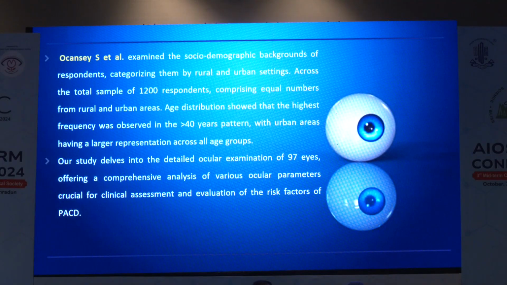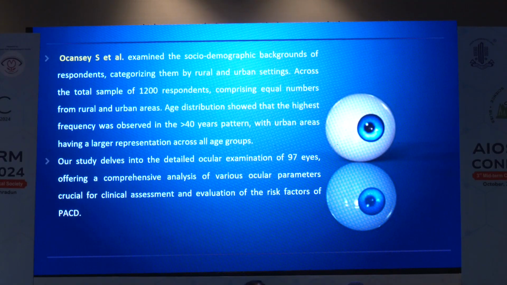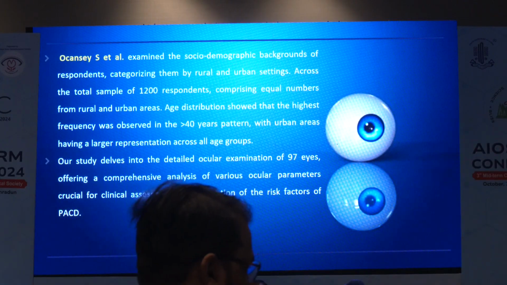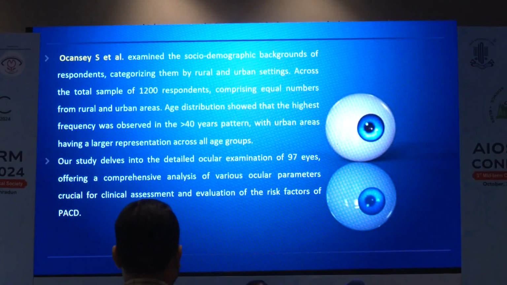Okansi S. et al. examined the socio-economic backgrounds of the respondents, categorizing them in rural-urban settings, across a total sample of 1,200 respondents, comprising equal numbers from rural and urban areas. The age distribution shows the highest frequency was observed above 40 years.